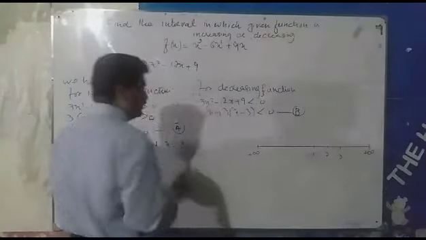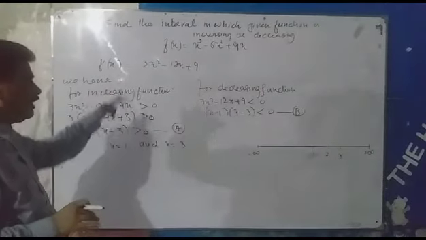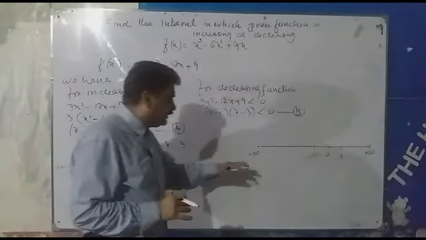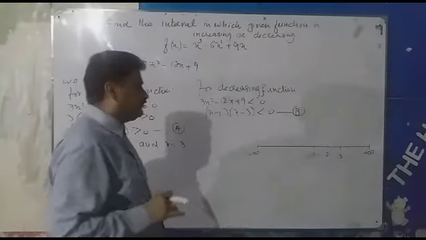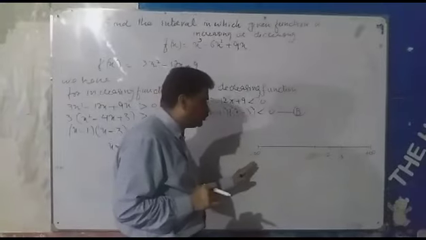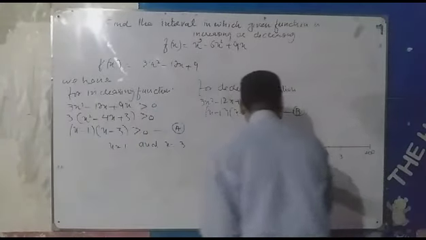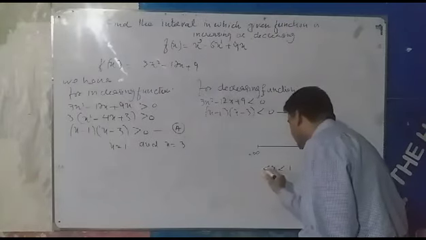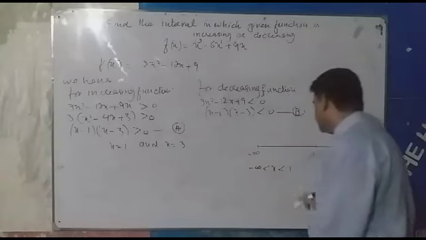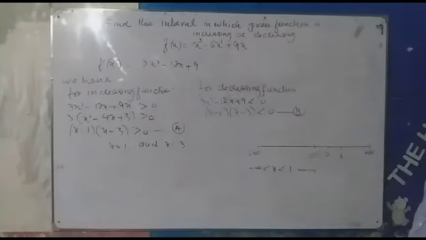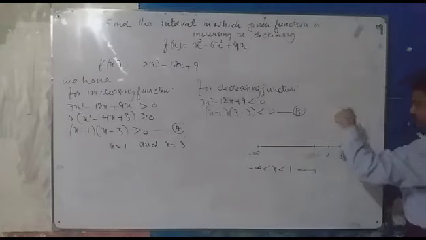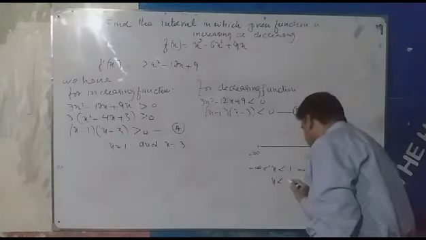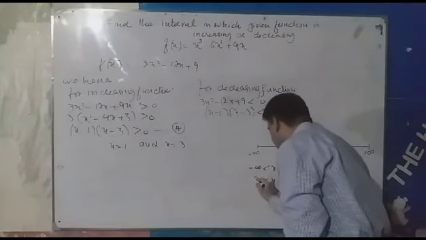The aim of the question is just to find the interval for an increasing or decreasing function. Here we have three different intervals. The first interval is from minus infinity to 1, where x is less than 1 and greater than minus infinity. The second interval starts from 1 up to 3, when x is less than 3 and greater than 1.